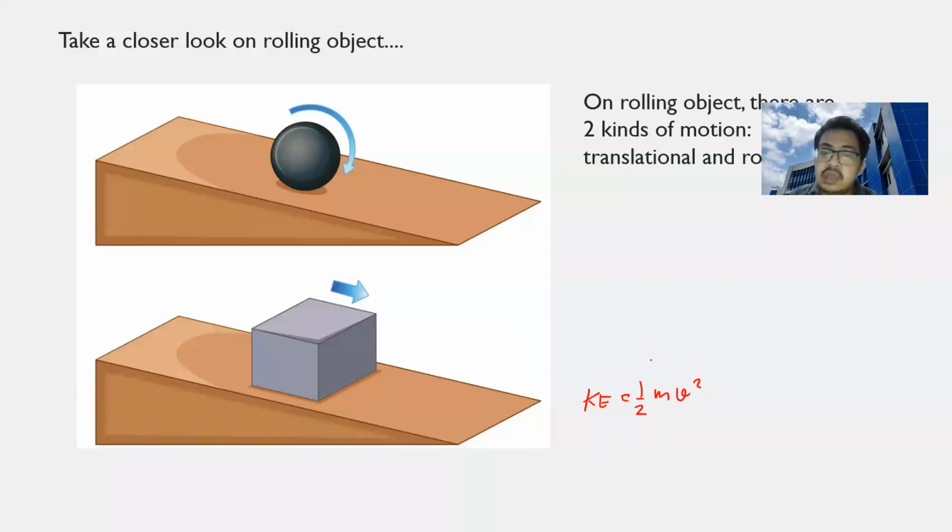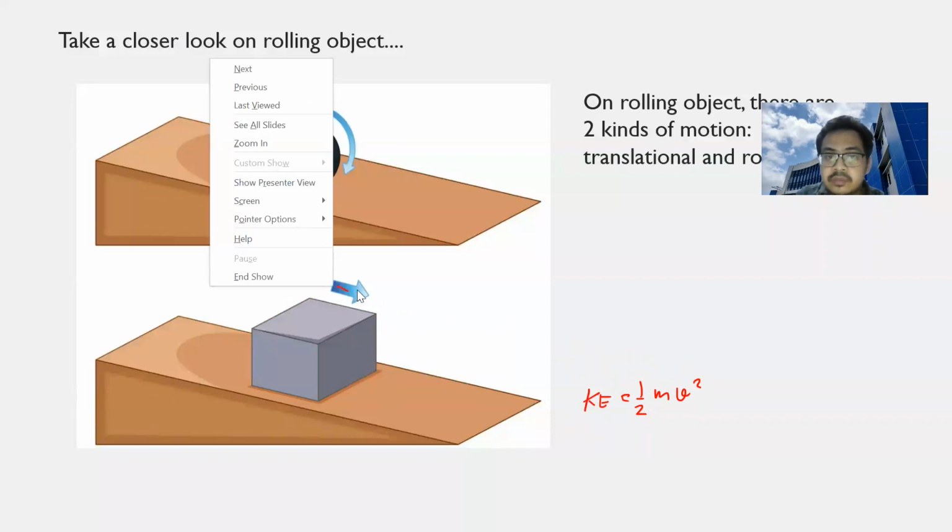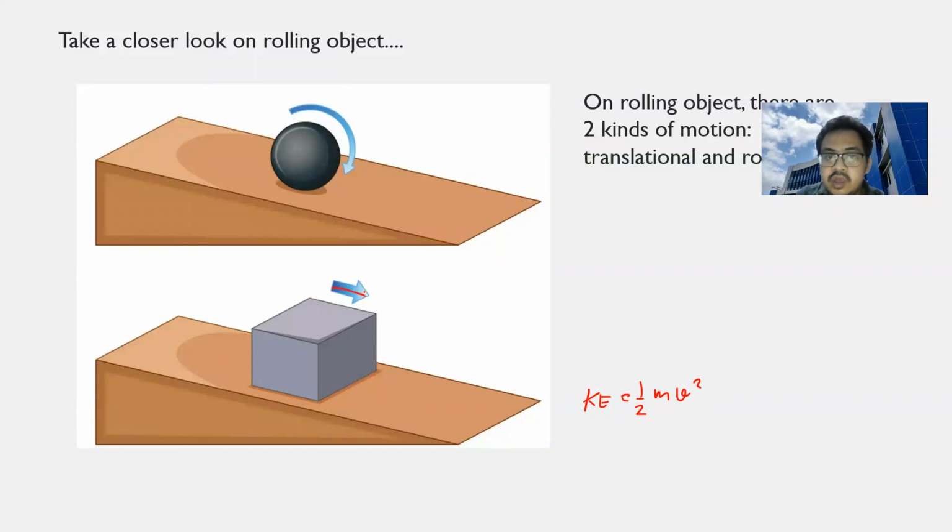It's true for an object with a simple motion, for example, like this box. As you can see, this box is moving in one linear direction, this way.